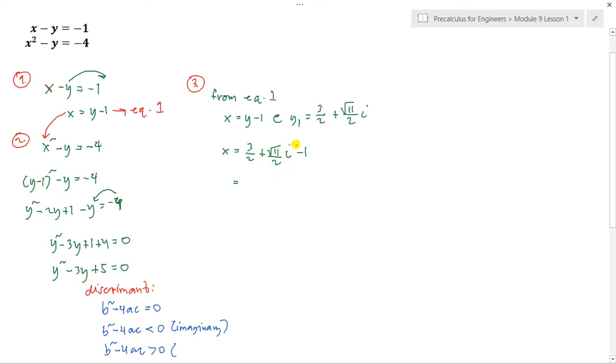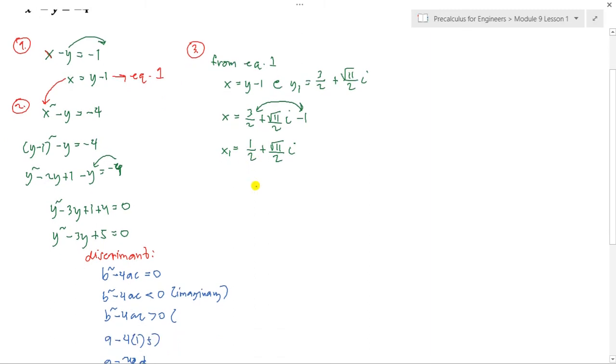Since only this term involves an imaginary number, 3 halves and 1 can be combined because both are real numbers. So 3 halves minus 1 is the same as 1.5 minus 1, that is 0.5 or 1 half, plus square root of 11 over 2i.